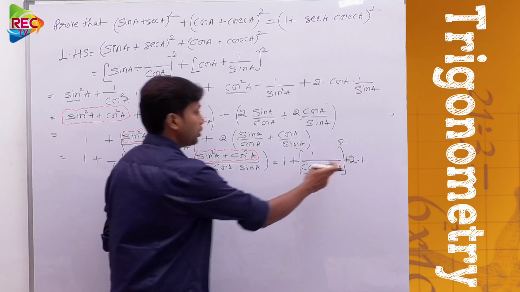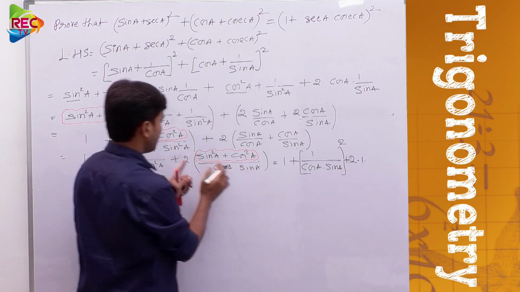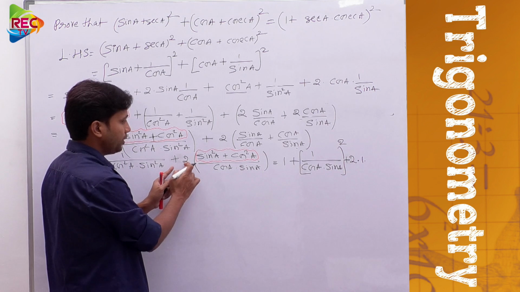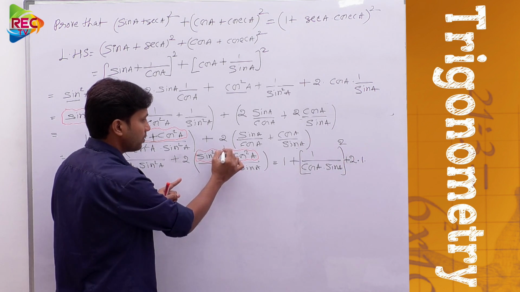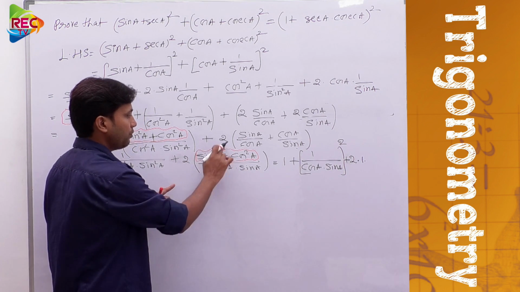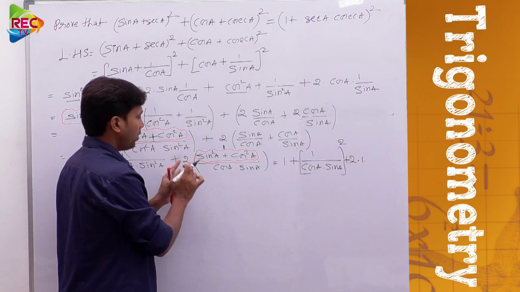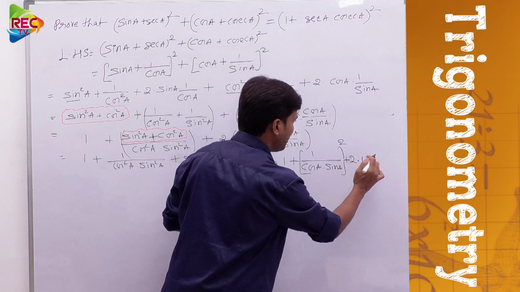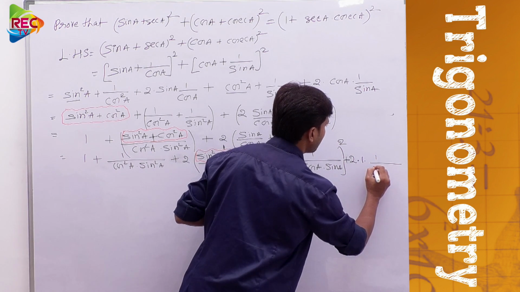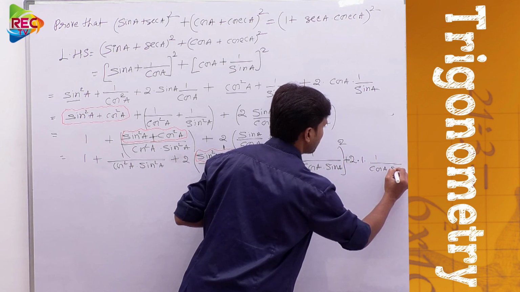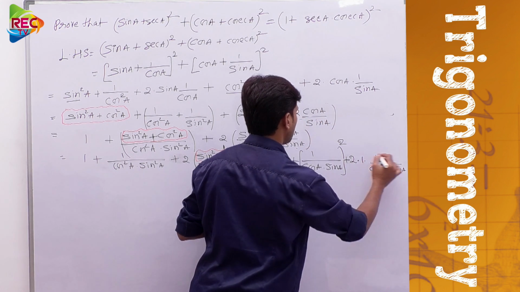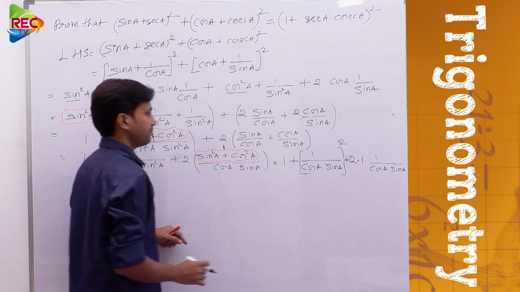So 2 into 1 by cos A sin A. For my convenience I am writing this as 2 into 1 by cos A sin A. So this is the last term.